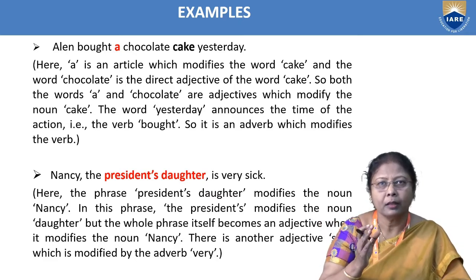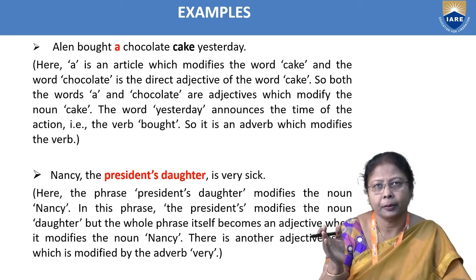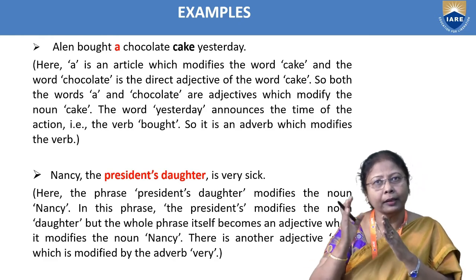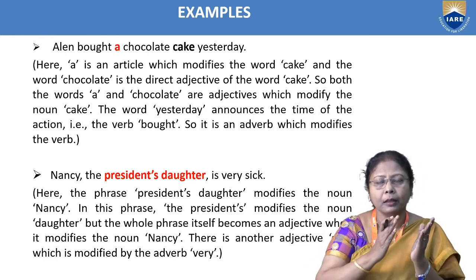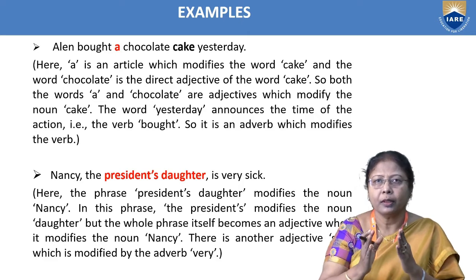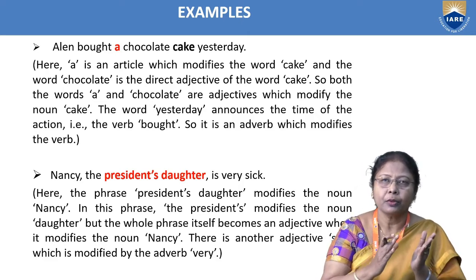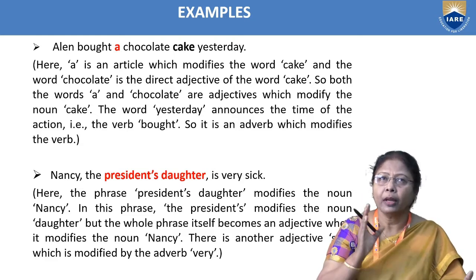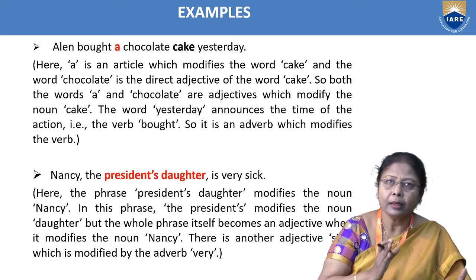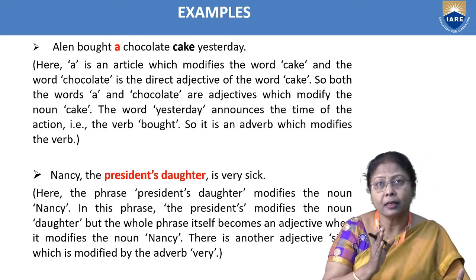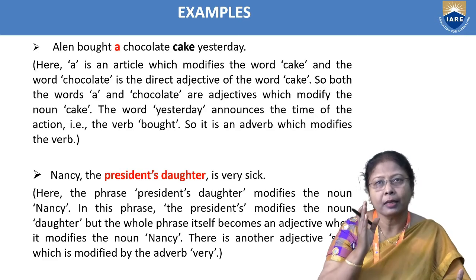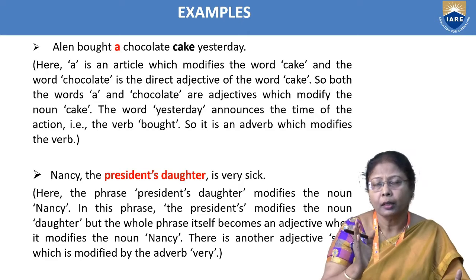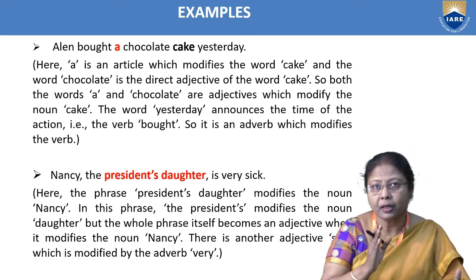And chocolate is a direct adjective to the word cake. So, in this sentence, both "a" and "chocolate" act as adjectives to modify the noun cake. We have to understand that "a" is an article, but here it acts as a modifier. Chocolate is an adjective, it modifies the noun cake.